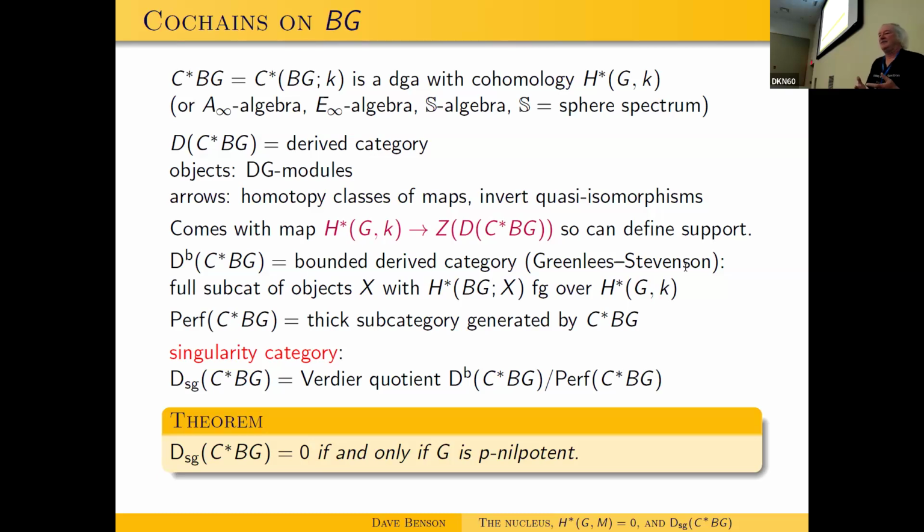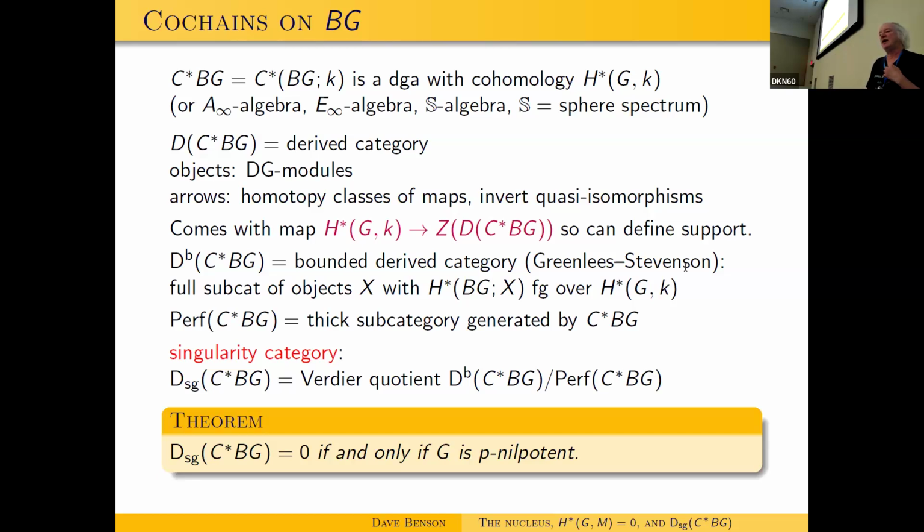So, there are many ways of thinking. I'm going to do just cochains on BG with coefficients in characteristic P. So K has characteristic P here. You can either think of this as a differential graded algebra whose cohomology is the cohomology of the group. For example, you could take a projective resolution and take its endomorphism algebra. That's a good differential graded algebra that's equivalent to cochains on BG.